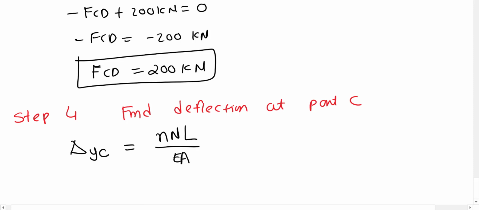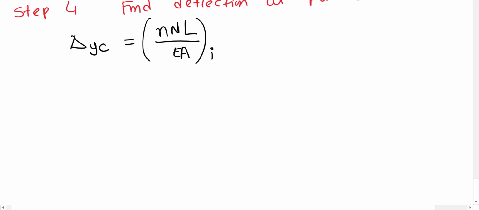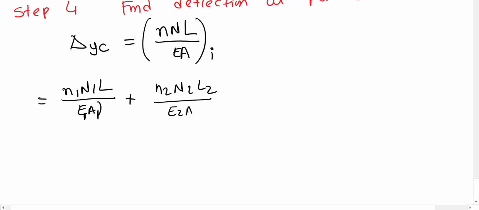Now this has to have a number of terms, because we need to break it down into a number of members. So let's write it down: n1 N1 L1 over E1 A1 plus n2 N2 L2 over E2 A2.